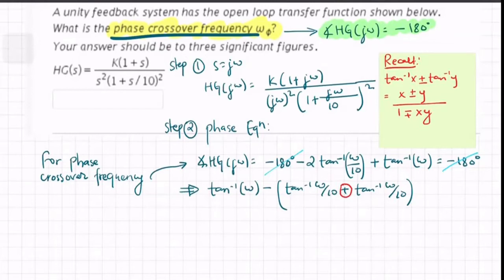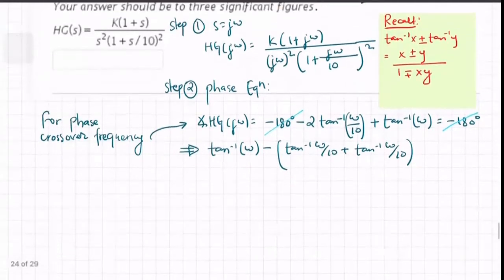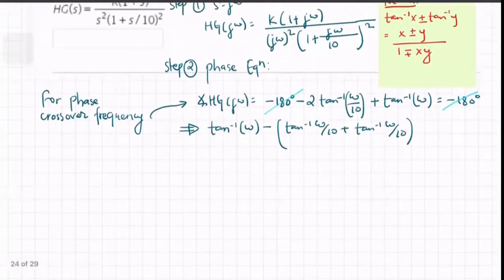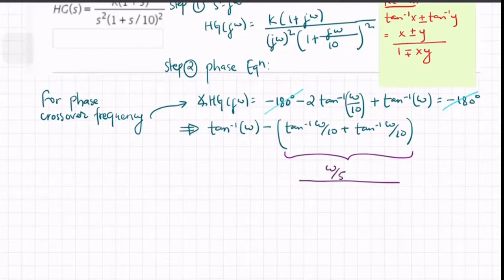So x plus y is omega over 10 plus omega over 10, which is 2 times omega over 10, so I can write omega over 5, over 1 minus omega over 10 times omega over 10, which is omega squared over 100.